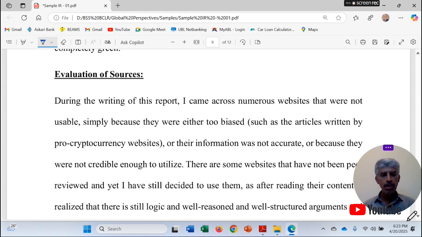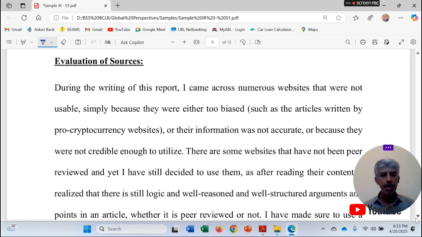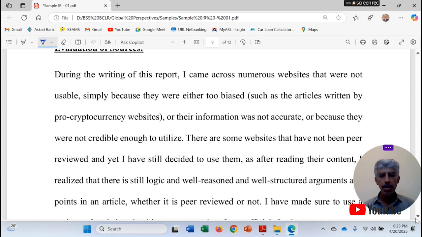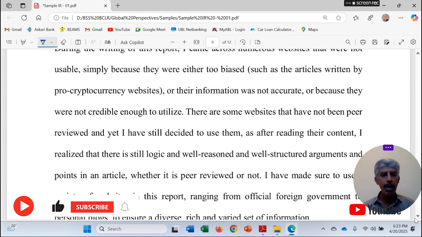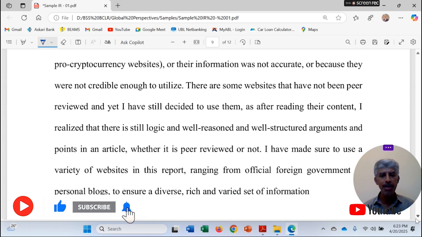And then here we have the evaluation of sources. Whatever sources the student has used in this particular IR, he has explained why he has used all those resources, and he has to defend them.